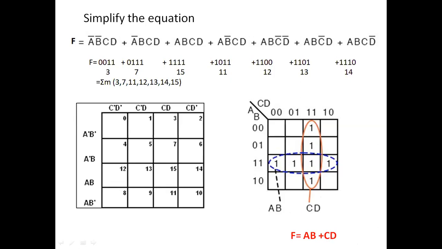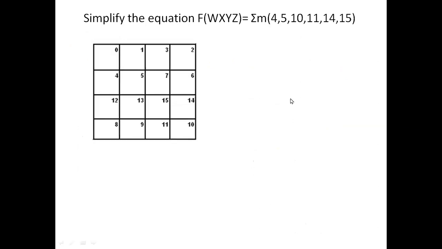But that is not the case with 4 variable or 5 variable. With 5 variable K map simplification, things are a little more complicated. So this kind of K map simplification will help you in a perfect way to get the simplified answer.